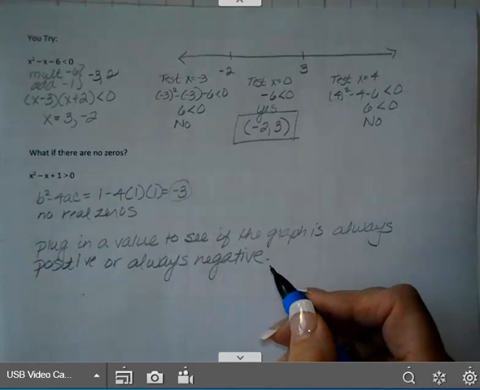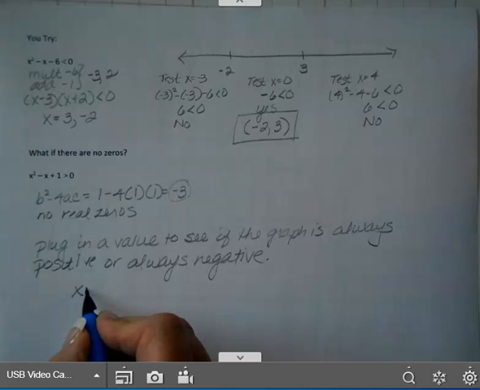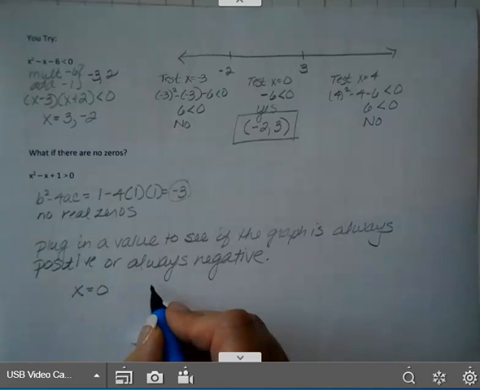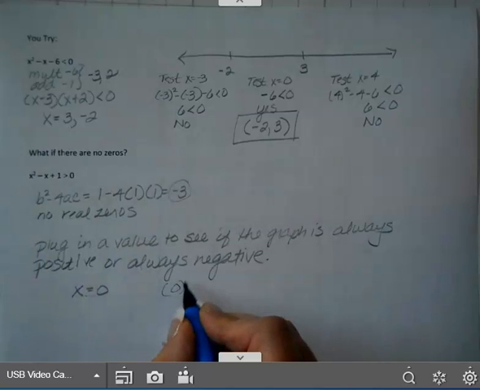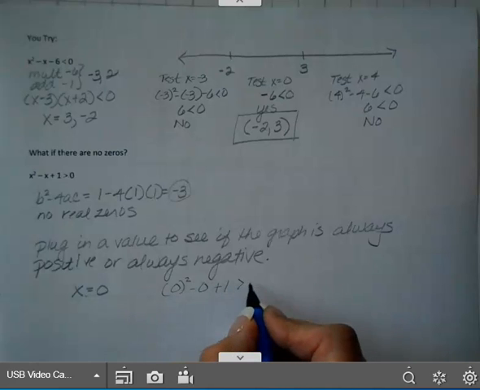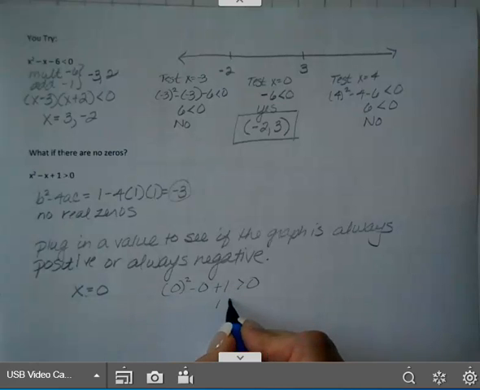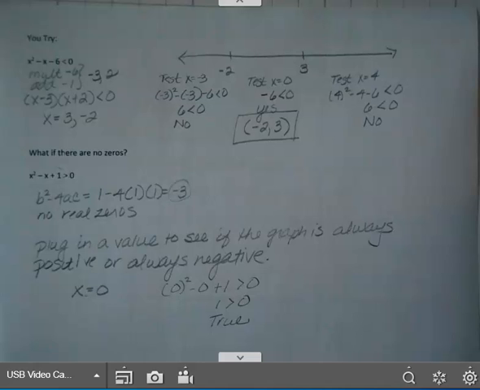So on this graph, let's just plug in x equals 0. And you can plug in any x value you want. So if I plug in 0 here, that'll be 0 squared minus 0 plus 1. Is that greater than 0? So 1 is greater than 0. So this is true. And so this equation is always going to be positive.